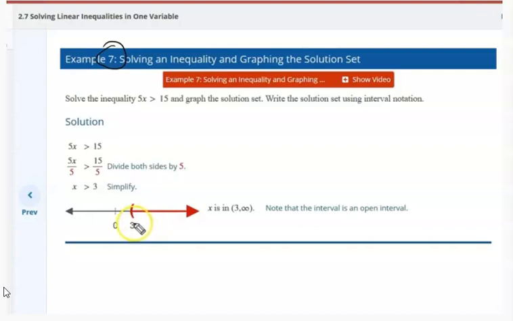On the number line, and in the software, you're going to pick a parenthesis and a parenthesis. You move the parenthesis to a 3, and then move the other parenthesis to the end, where the ellipsis will form. And in interval notation, it is parenthesis 3, comma, infinity, parenthesis.